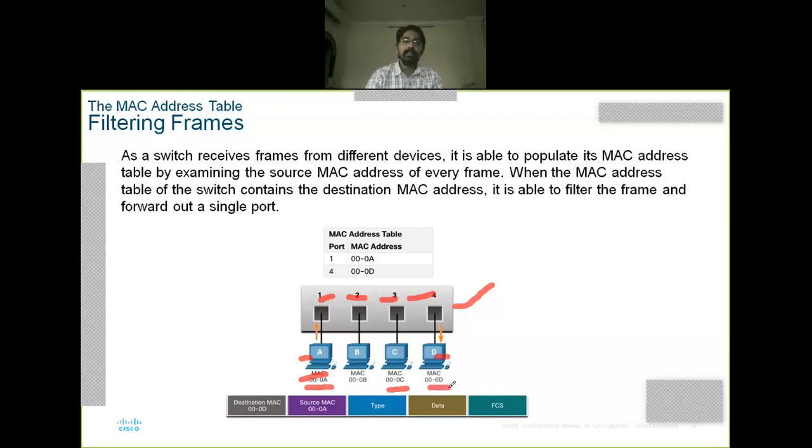So whenever these systems are connected to the switch for the first time, when the switch is switched on, first its MAC address table is empty, right? Next, if system A wants to maintain a communication with system D, what happens?